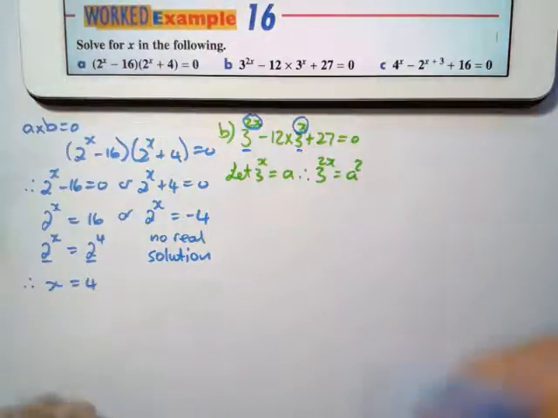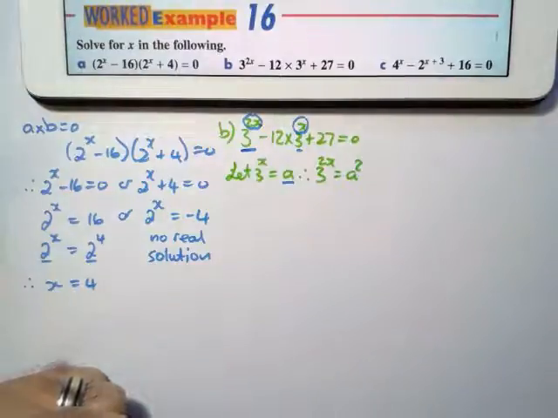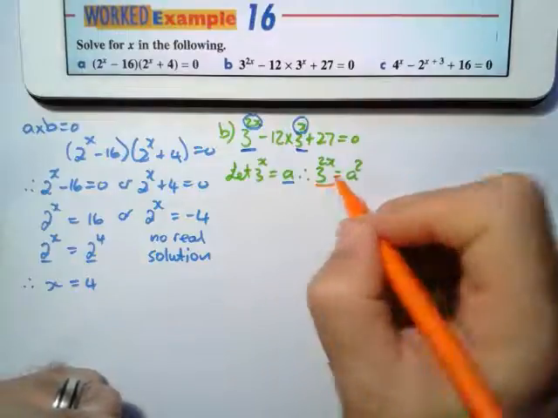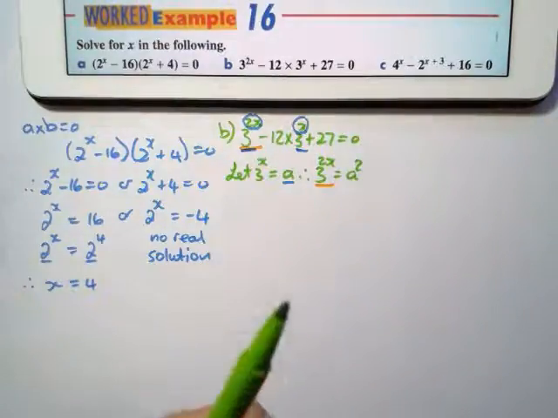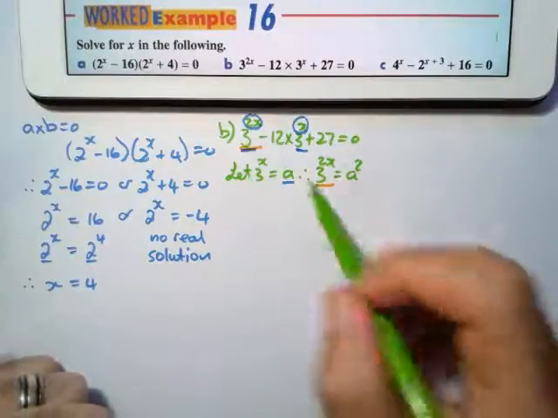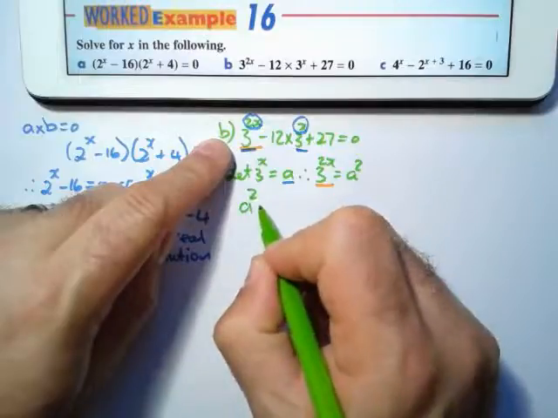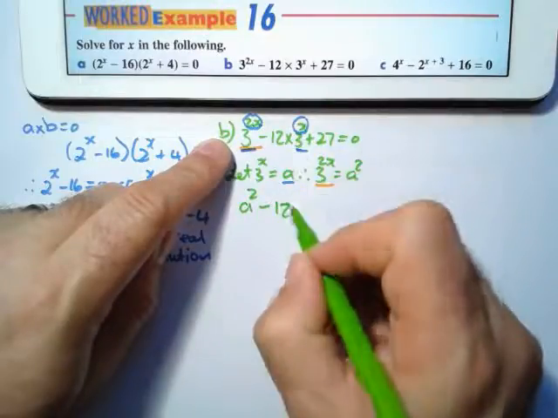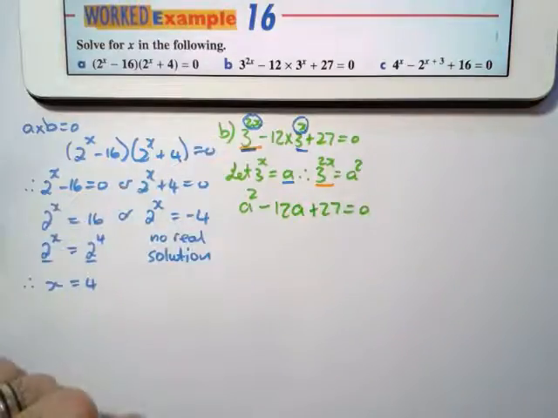Which means this thing is the same as that one, and this one is the same as that one. So I can replace 3 to the power 2x with a squared. So I can say that is a squared minus 12 times a, plus 27 equals 0.